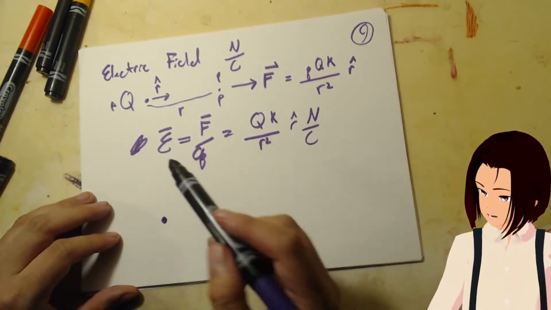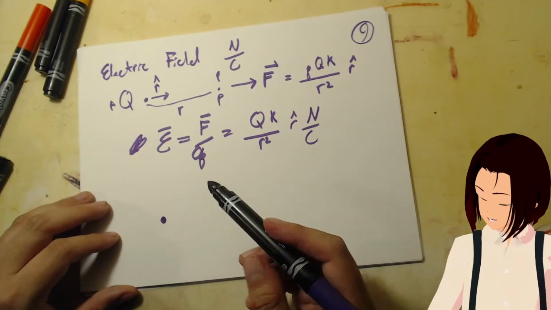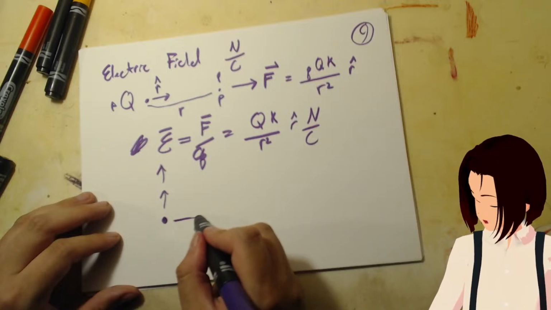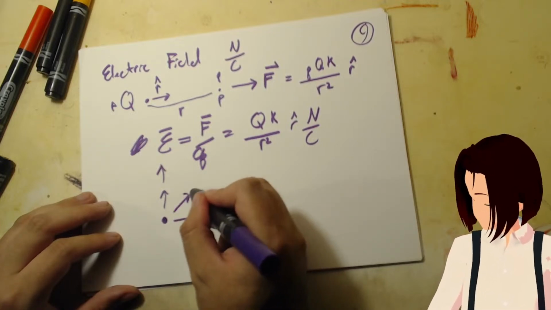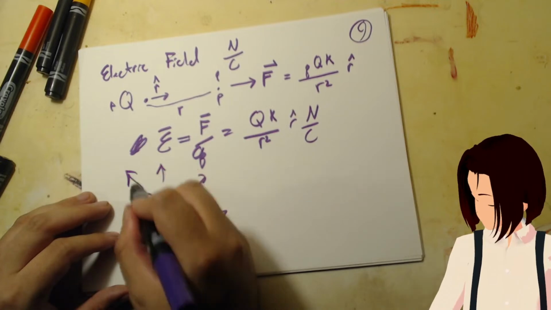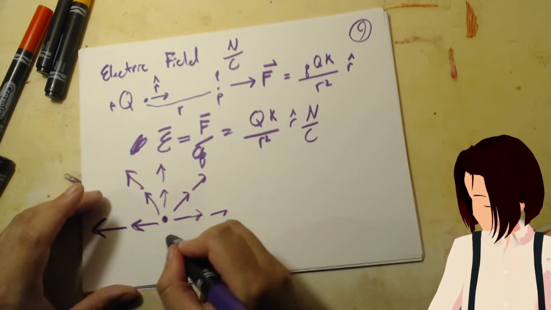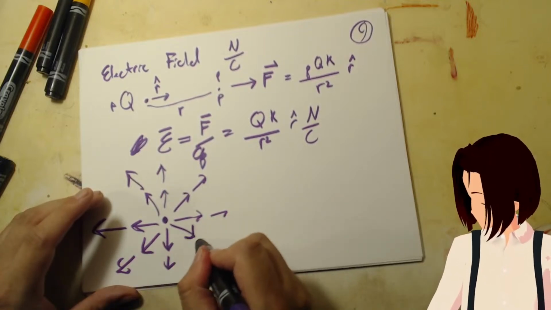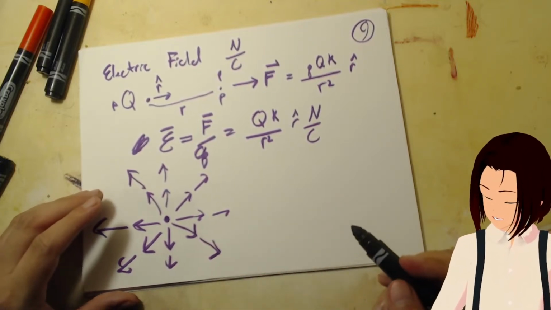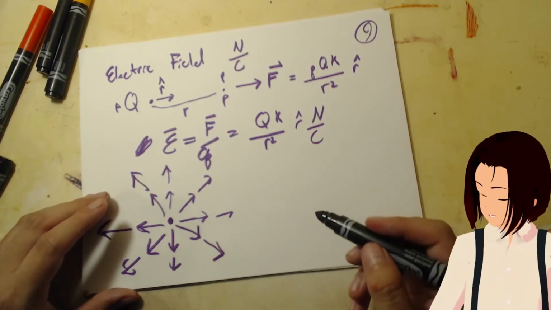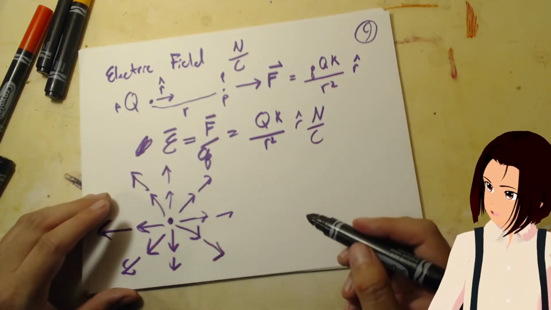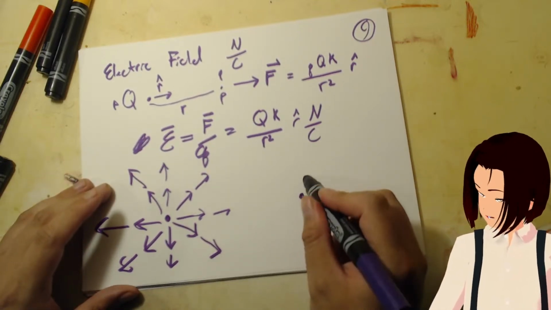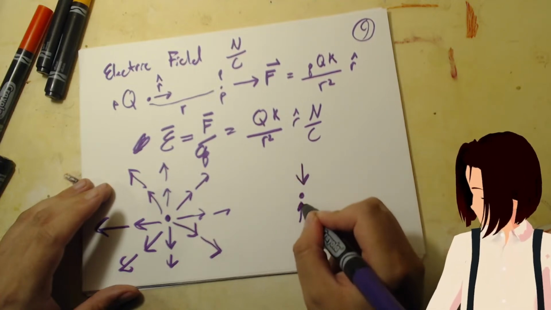If we were to try to measure electric field around a charge, say this is a positive charge, the field vectors would kind of look like this. They kind of look like that. And if it were a negative charge, like if we were measuring from the positive perspective, well, they would go into the negative.